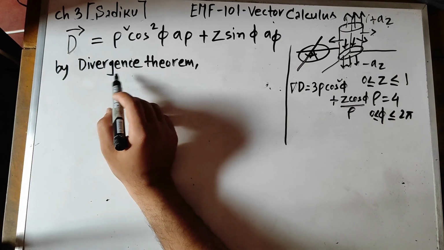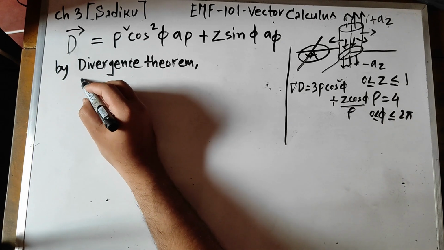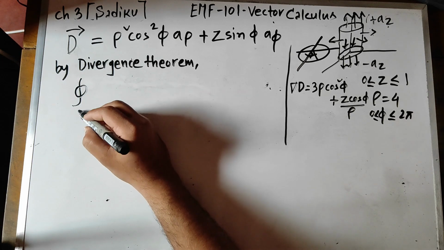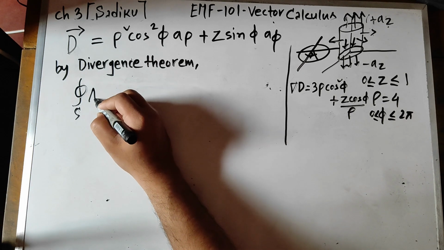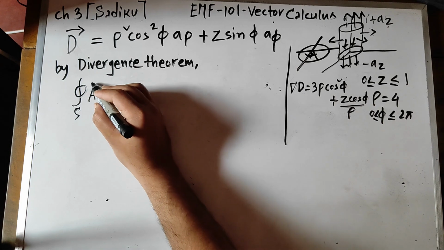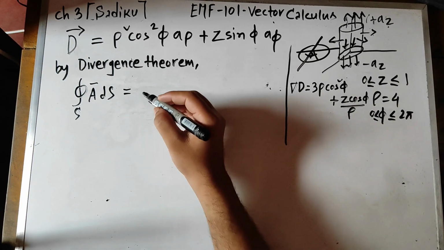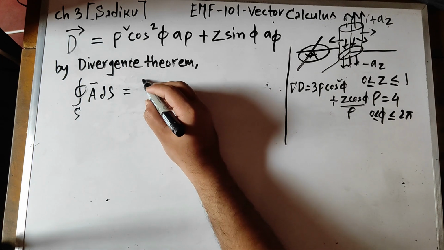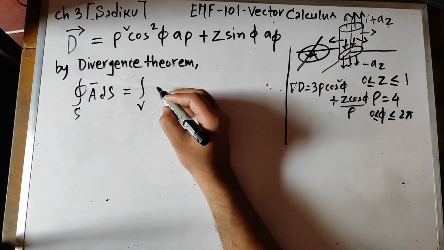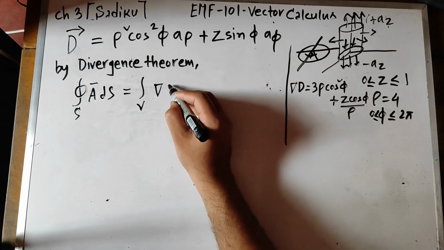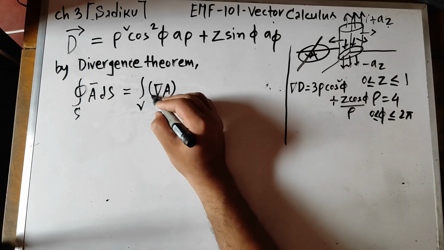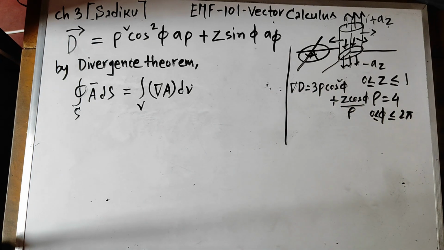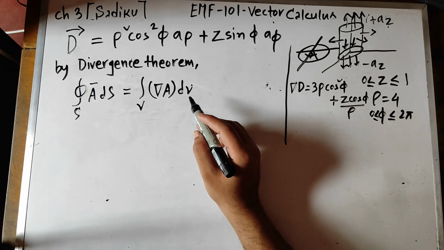By the divergence theorem we know that the surface integral of a vector through a closed surface can be expressed as the volume integral of the divergence of that vector over the volume.